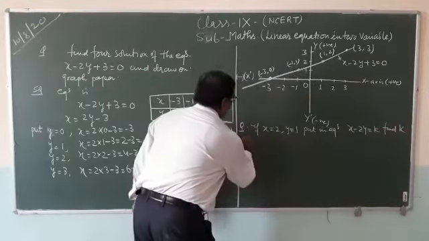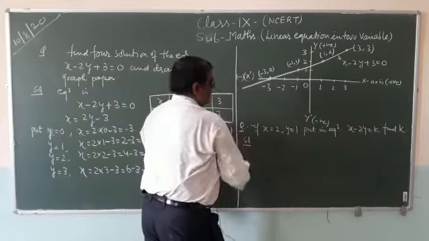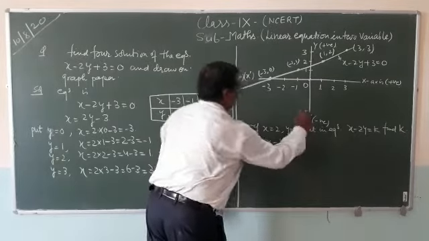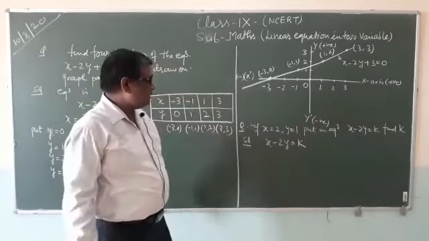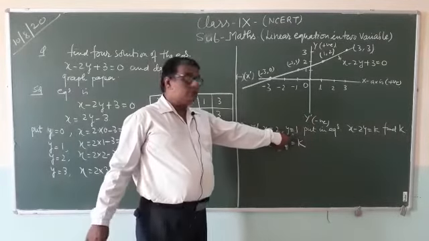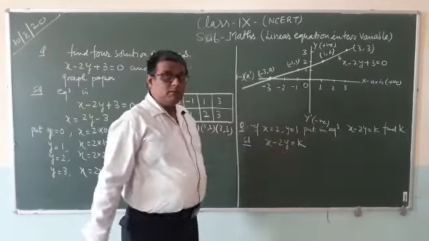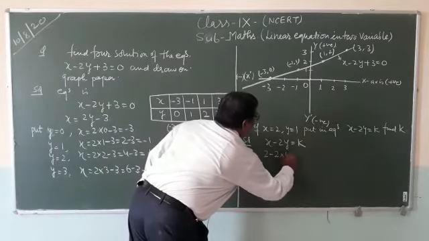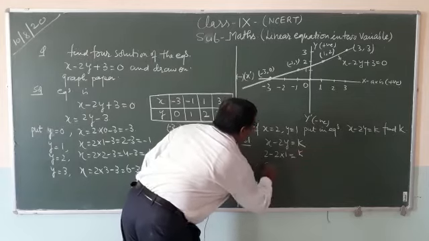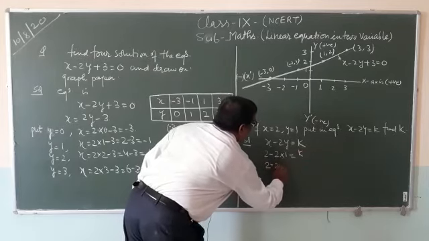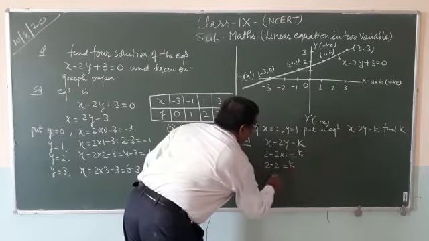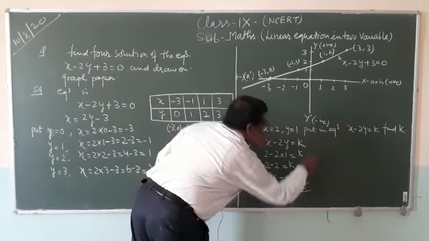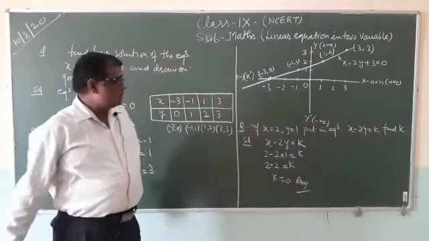The equation is x minus 2y is equal to k. Now we put x is equal to 2 and y is equal to 1 in this equation: 2 minus 2 into 1 is equal to k, which is 2 minus 2, that is 0. So k is equal to 0.